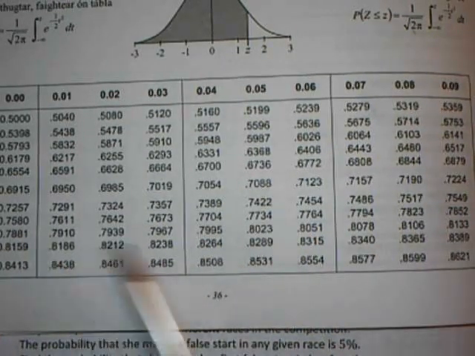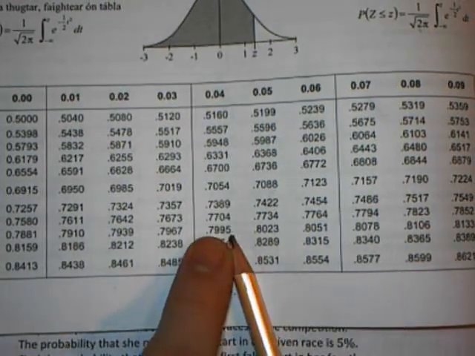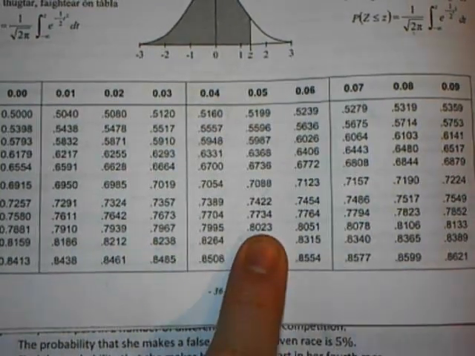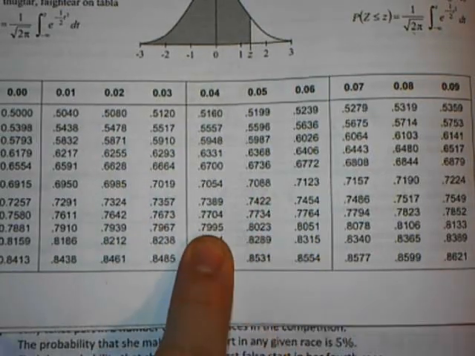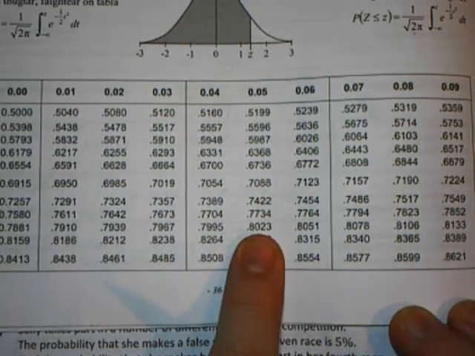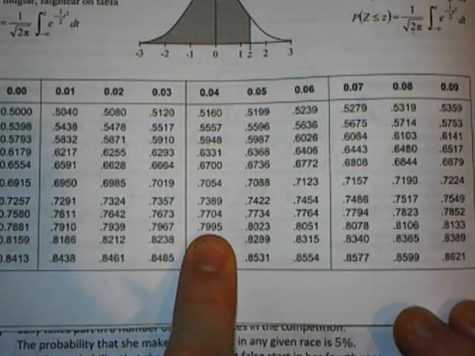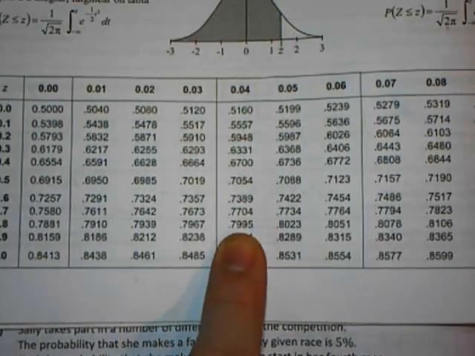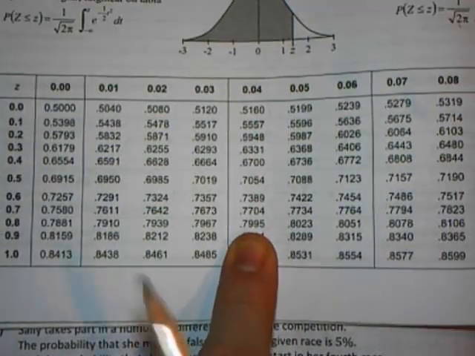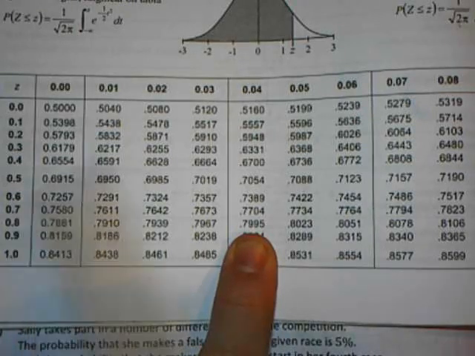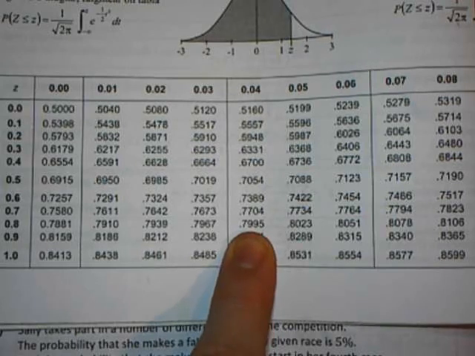So 80% is either this guy, 7905, or this guy. You're actually closer with the 7905 than you are with the 8023. So we're looking here, and we're just going to read off what our z-score is from there. So it's going to be 0.84. So that's our z-score. We haven't read the rest of the question, but we know that z now is 0.84.